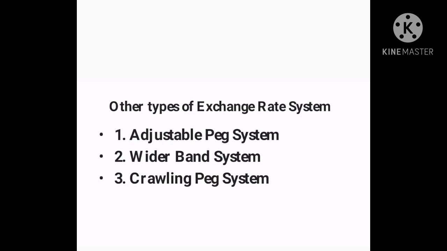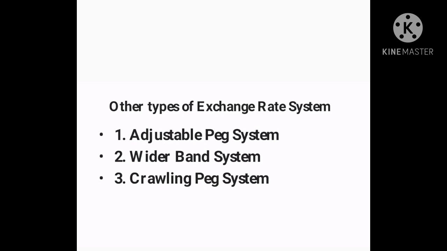Third is crawling peg system. It is a system of exchange rate adjustments in which a currency with a fixed exchange rate is allowed to fluctuate within a band of rates. The par value of the stated currency and the band of rates may also be adjusted frequently, particularly in times of high exchange rate volatility.